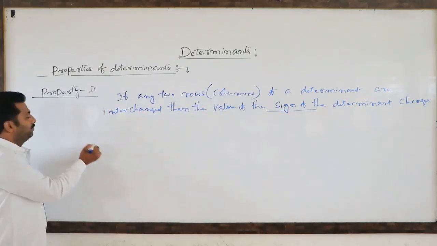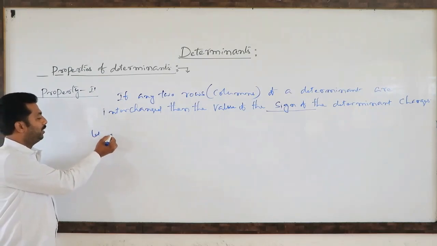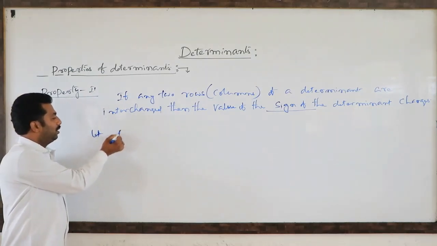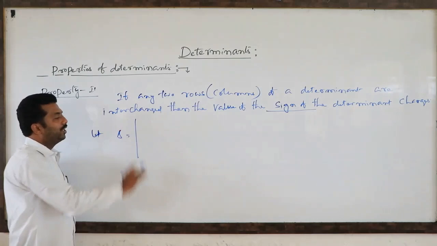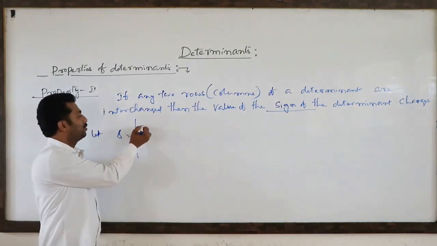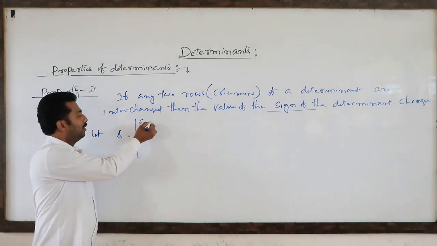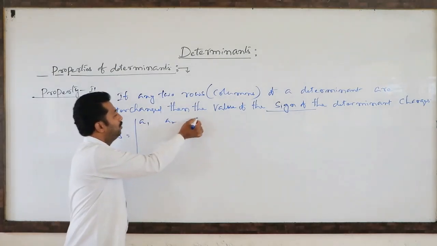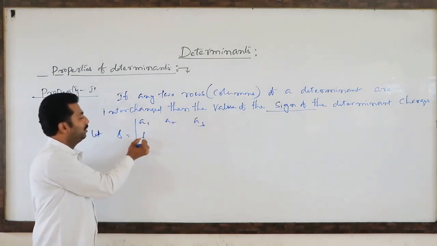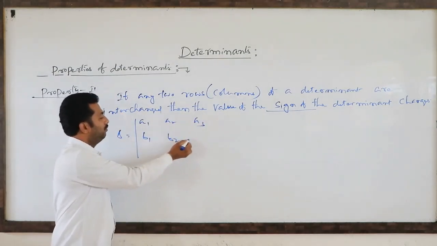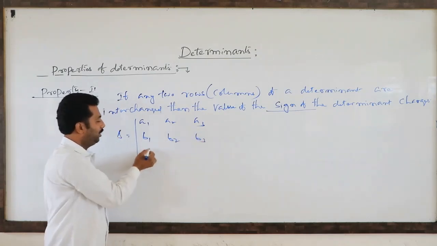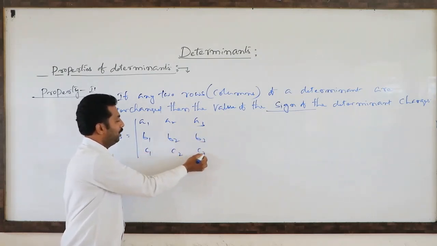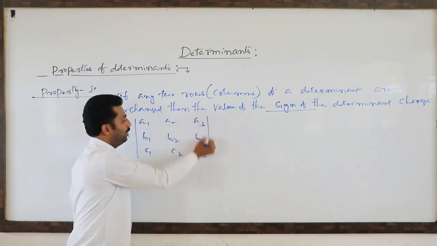Just observe. We take delta as a determinant with rows A1, A2, A3, B1, B2, B3, C1, C2, C3.